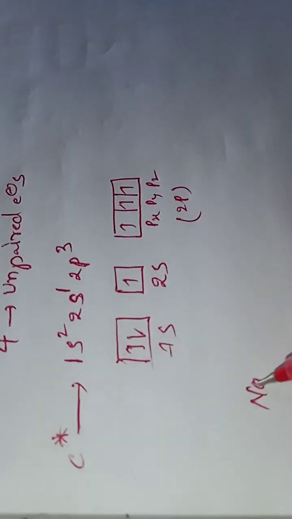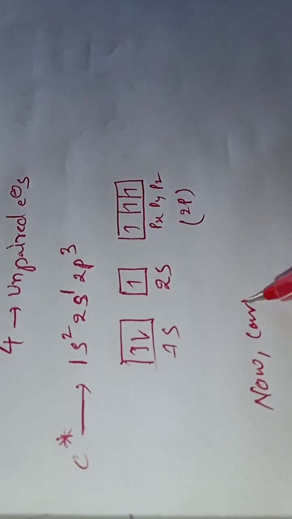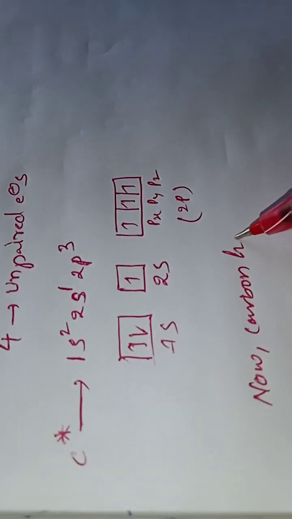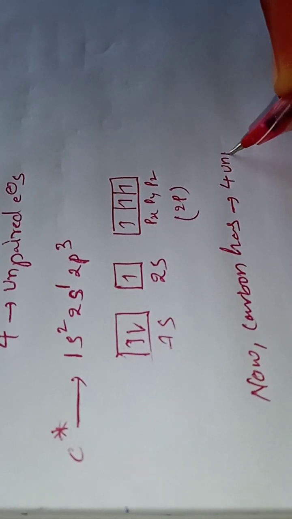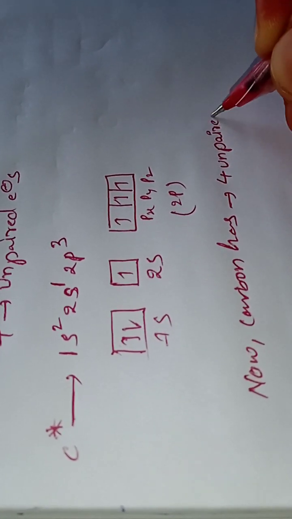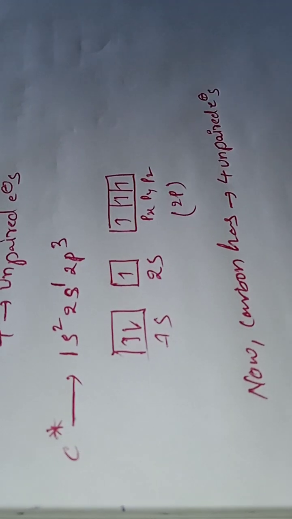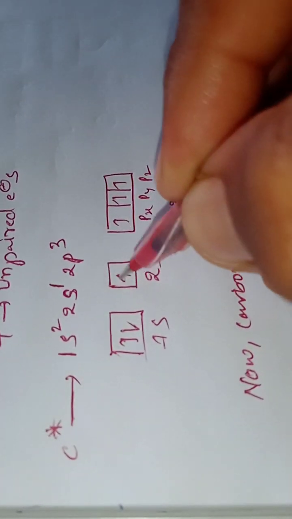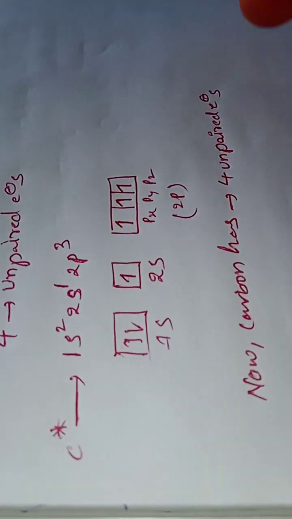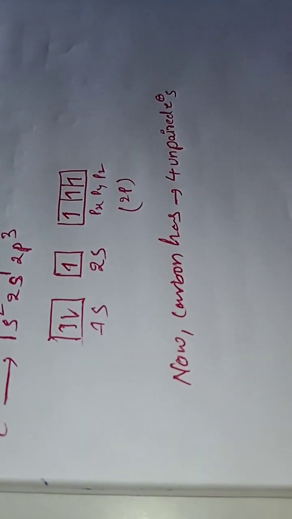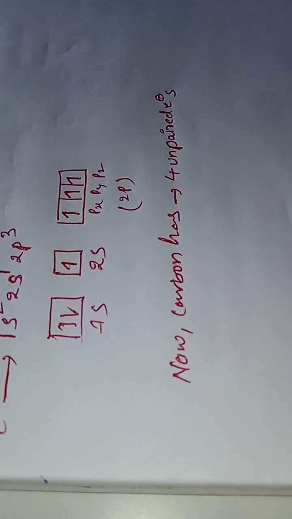Now carbon has 4 unpaired electrons: 1 electron in the 2s orbital and the other 3 in the 2p orbital. Now the bonds formed between carbon and hydrogen atoms.